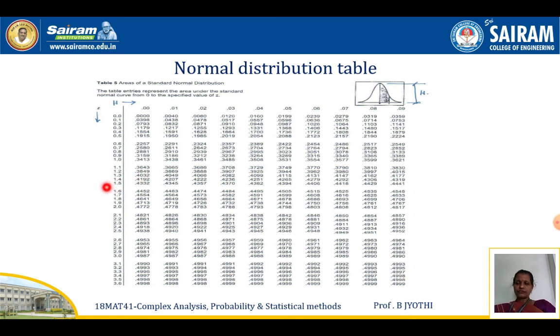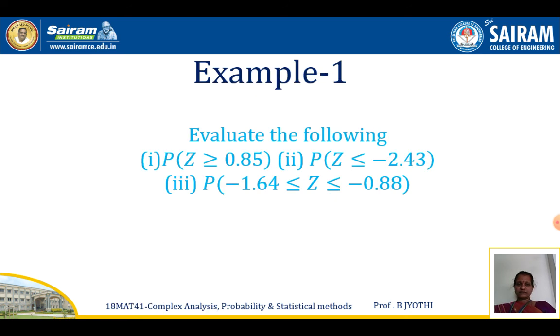We are not referring to 0.41 here. So 4192 refers to 1.4. Anything near to that is 4207, but compared to this, this is the nearest value. So we are taking this one. Or you can take 1.41 also. There is nothing wrong in it. So 0.42 was the answer, and we have taken it as 1.4.